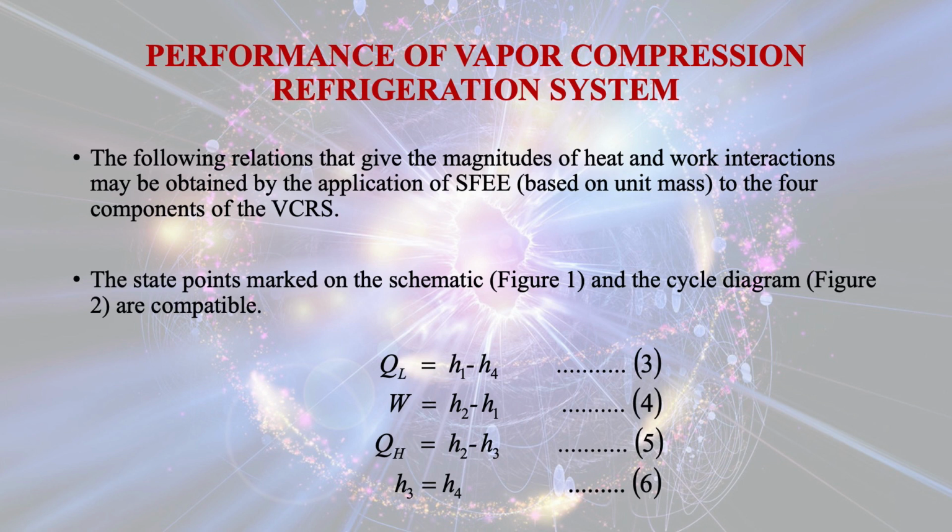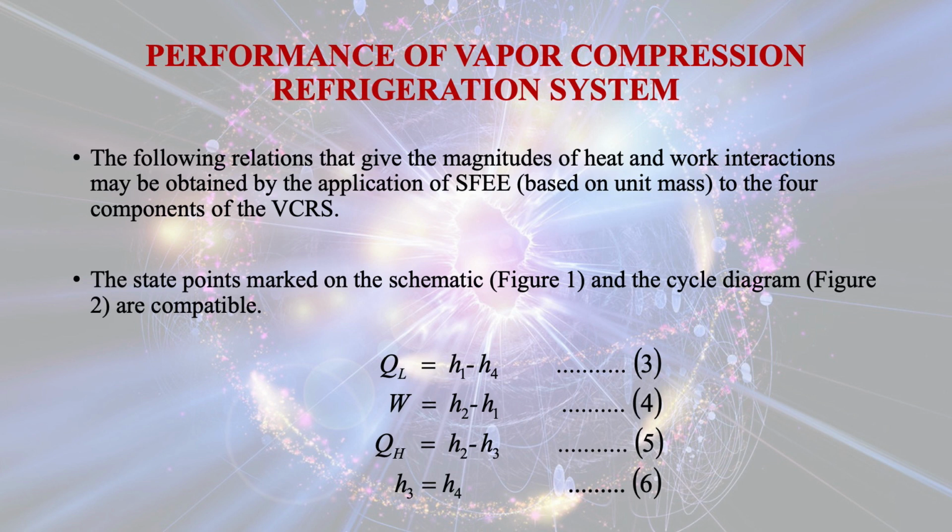QH is the heat given out by the refrigerant to the surroundings in the condenser, that is equal to H2 minus H3.